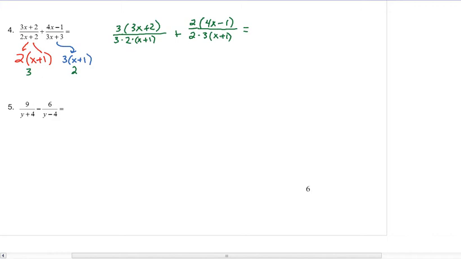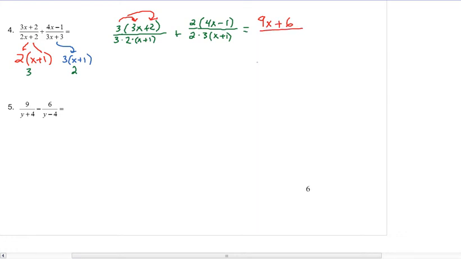Let's combine our like terms. For the first one, we're going to multiply everything out first. 3 times 3x, 3 times 2. 3 times 3x gives me 9x. 3 times 2 gives me a 6.